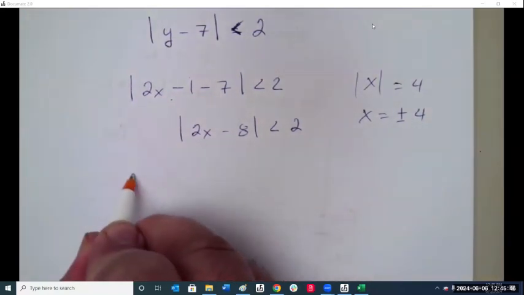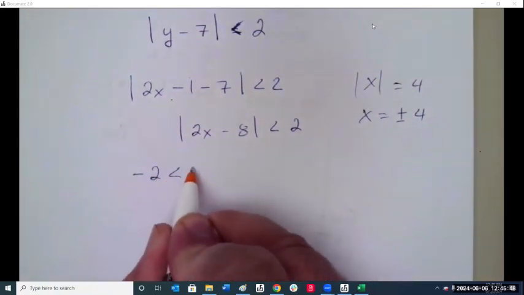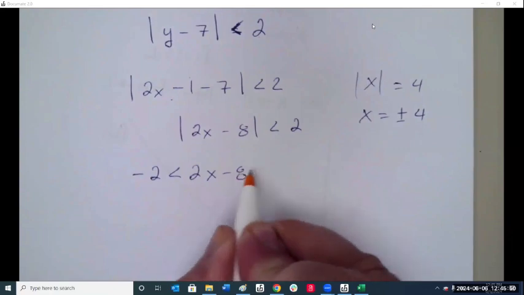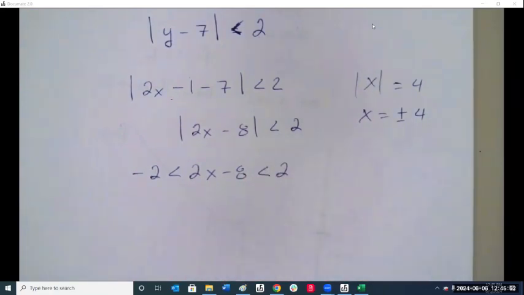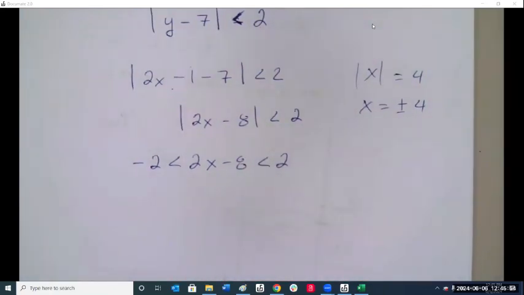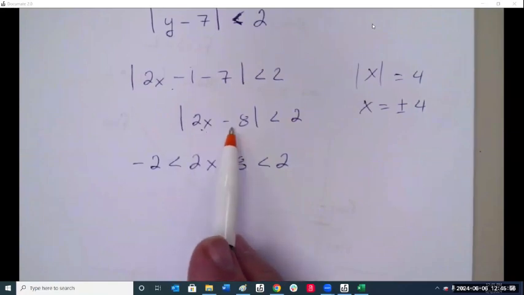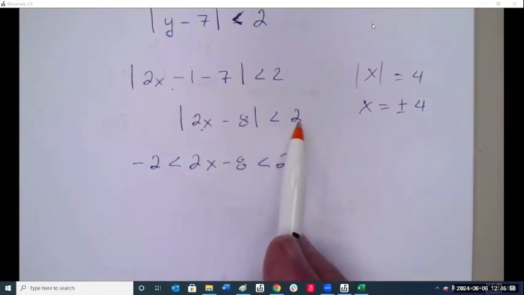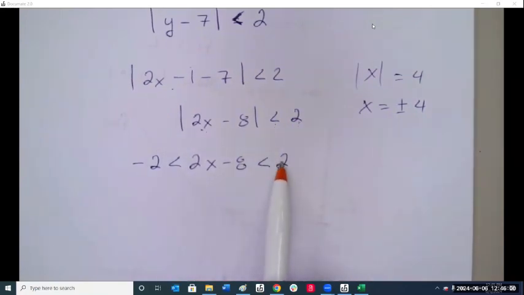So when I drop the absolute value, I get that connection. Because 2x minus 8 is less than positive 2, which means it's greater than negative 2.